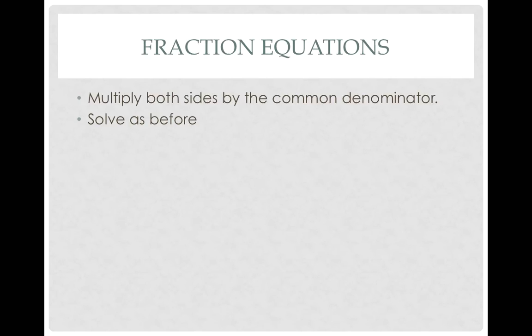So let's say we had 2 over x squared plus 1 plus 1 over x equals 2 over x. I need to multiply the whole equation by the common denominator. Well, in this case, my common denominator is this x piece and the other piece, x squared plus 1, because they don't have any common factors.